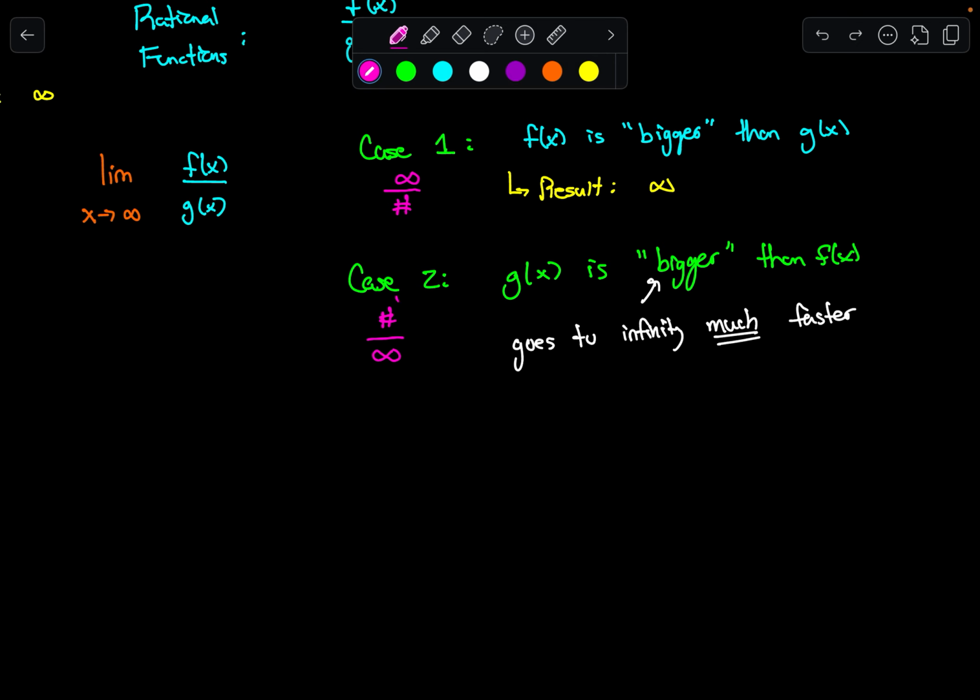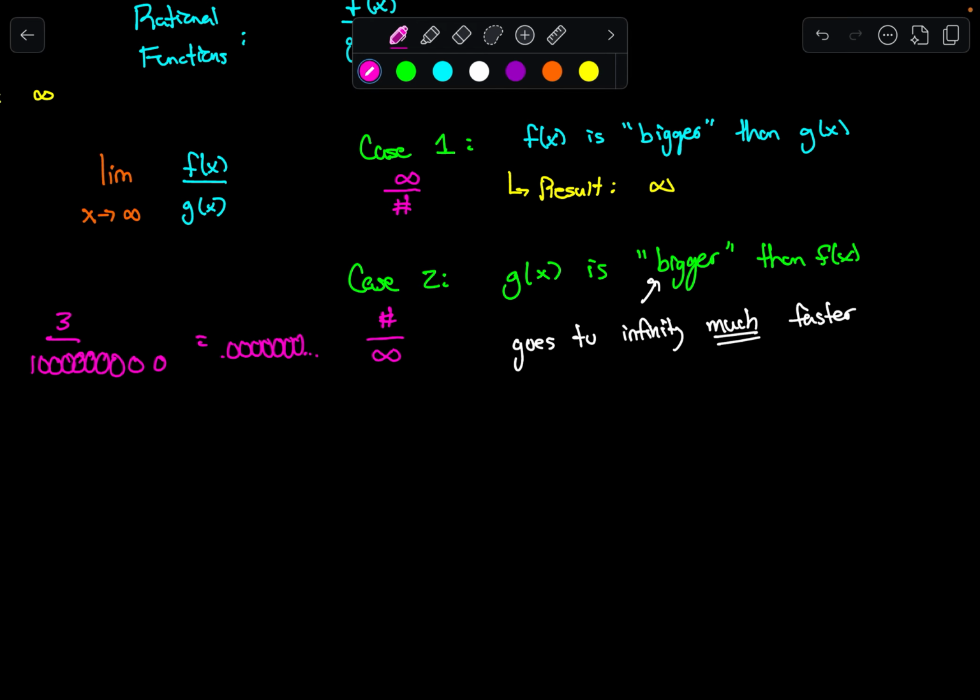Now, in this case I have something super duper big on the bottom and something really tiny on the top. Like imagine I had 3 over 1 billion, or a trillion, or you just keep going. What would this equal? Well, if you pop this in your calculator, it's going to be 0.000000000, and it's going to keep going. It's something really small.